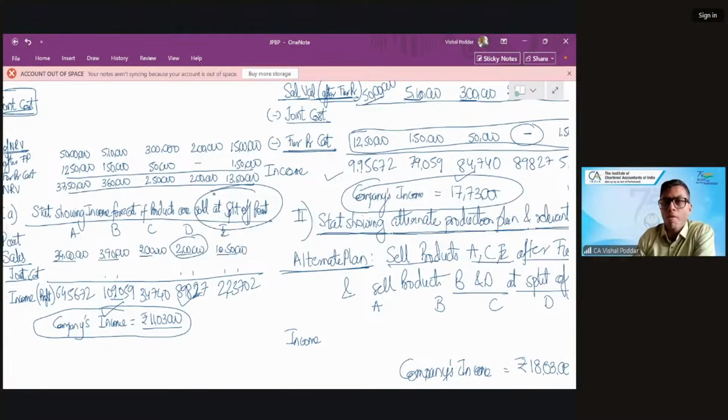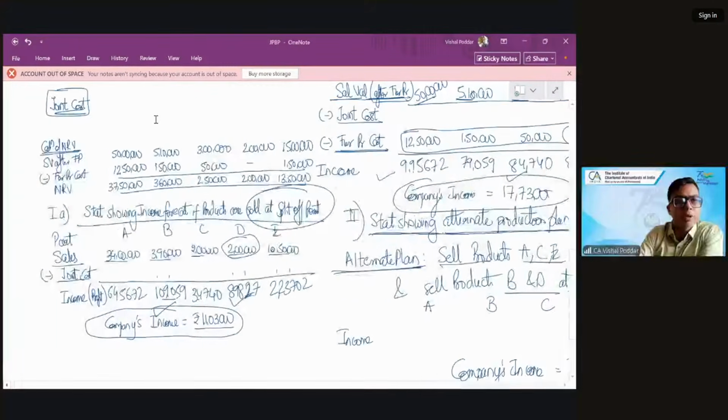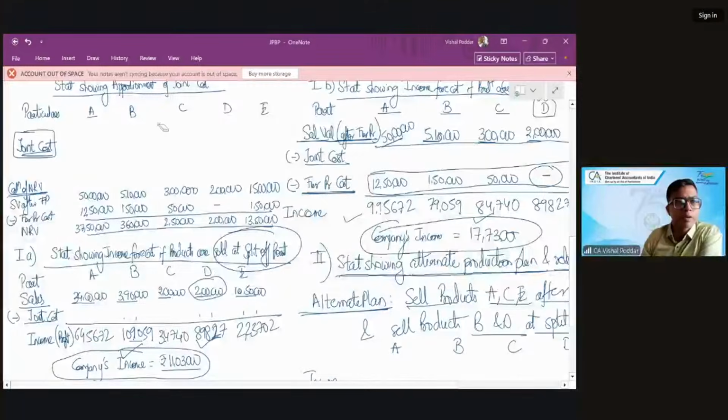Now, these now become my ratio. So now I have to apportion the same joint cost, right? Joint cost apportion in ratio of NRV.